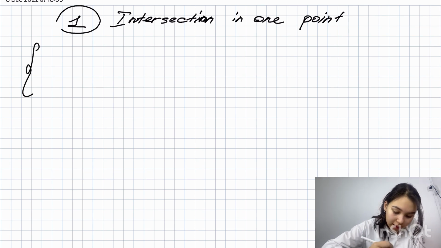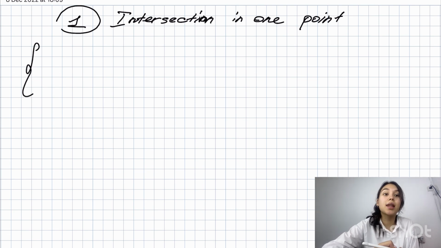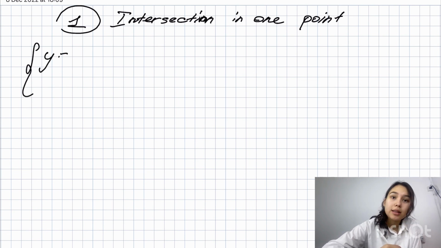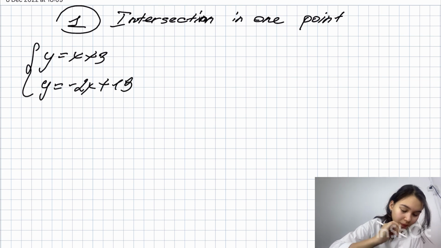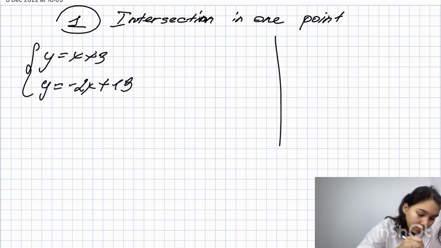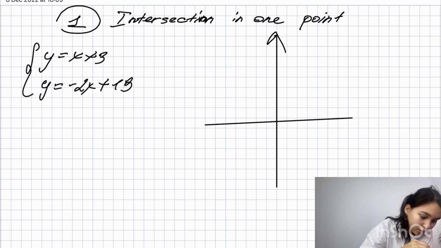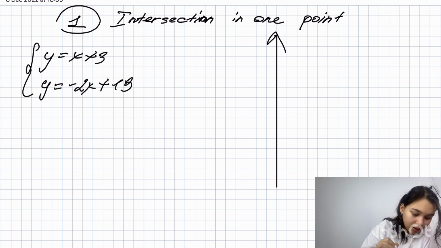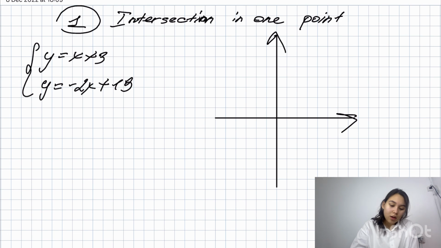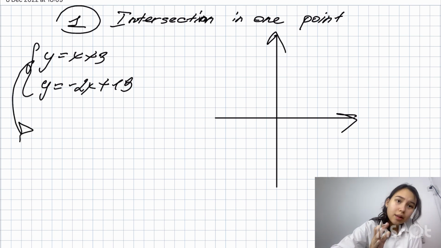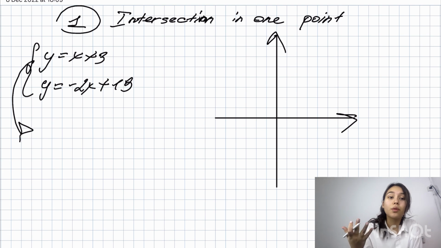For example, let's take the system y is equal to x plus 3 and y is equal to minus 2x plus 13. Let's draw a line. So let's set them equal to 0 to find the intercepts.